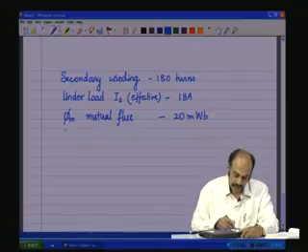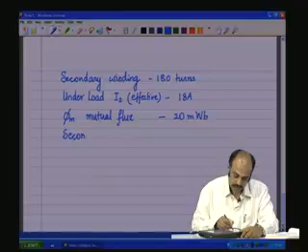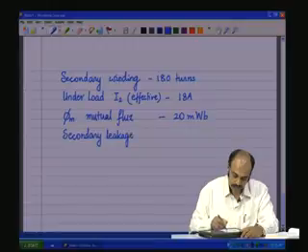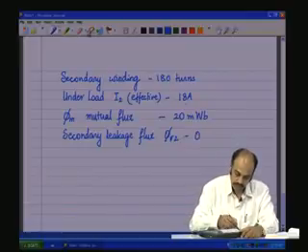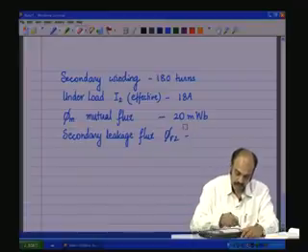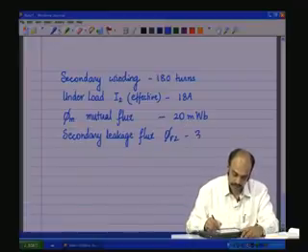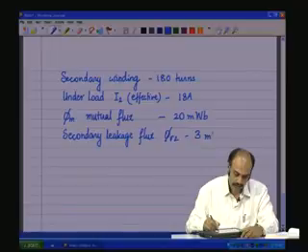The secondary leakage flux phi sigma 2 is given to be, let us say, 3 milliwebers.